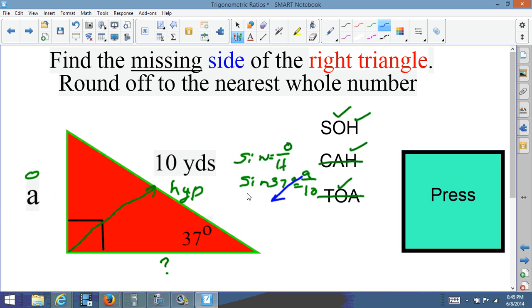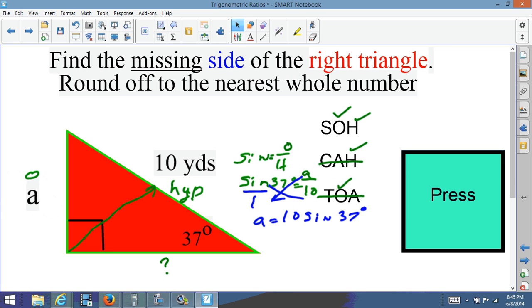This time we put a 1 underneath here. 1 times A gives us A, and 10 times sine of 37 degrees equals A. So now all we need is our calculator. Let's get our calculator up to help us out.